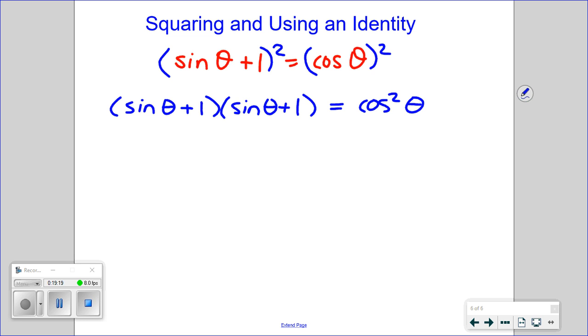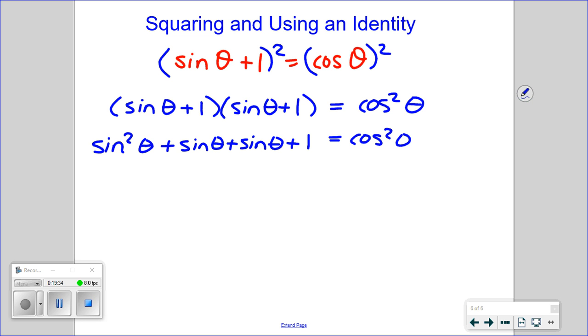Let's FOIL the left side. We'll have sine squared theta from the sine times sine. Sine times 1 is sine. 1 times sine is sine. And 1 times 1 is 1. We can combine our middle terms: 1 sine plus 1 sine gives us 2 times sine.